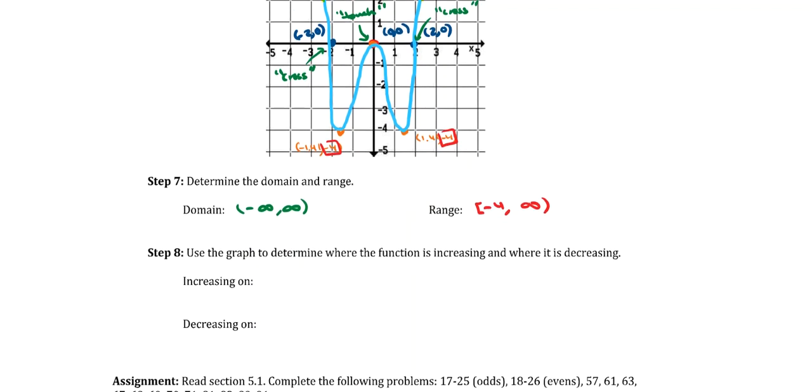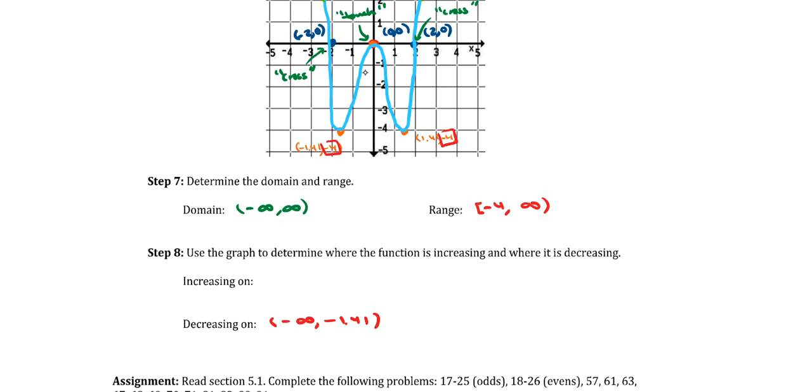As for increasing and decreasing, if you trace this graph from left to right, the behavior that you start out with is decreasing, and that part of the graph that's decreasing happens on these x values from -infinity to -1.41. So you're decreasing until you reach all the way down to this absolute minimum of -1.41, comma, -4, and then you increase for a little bit.